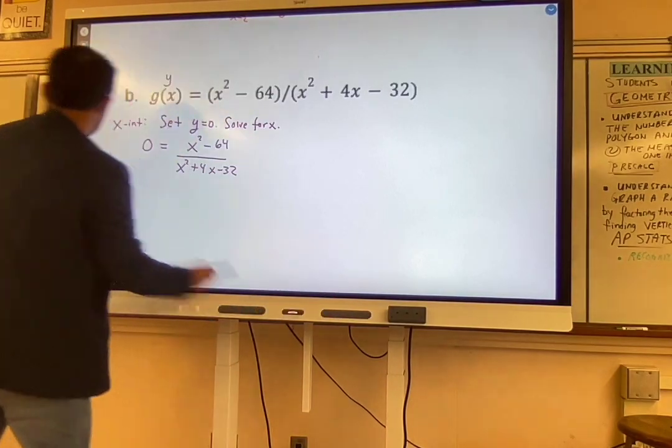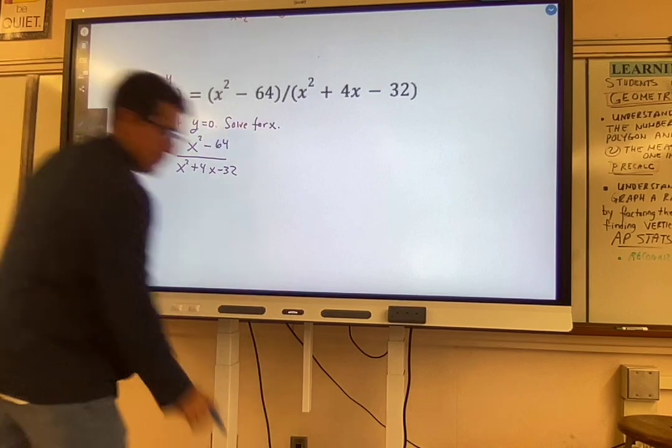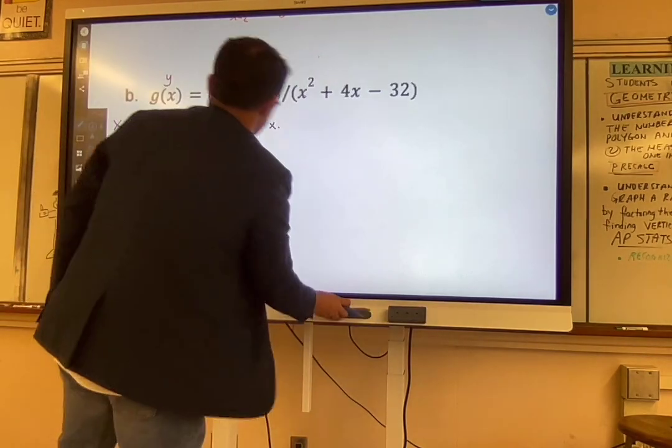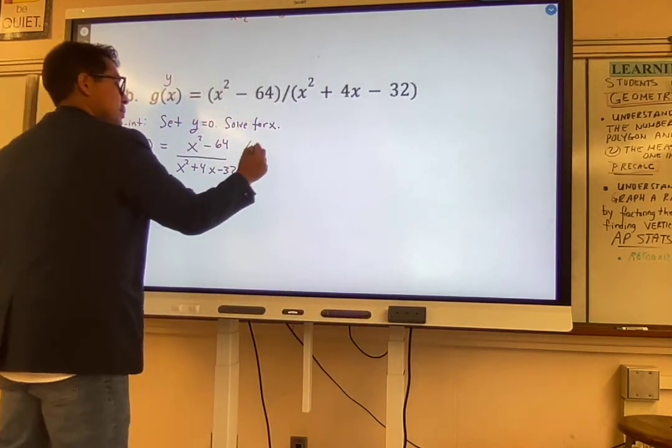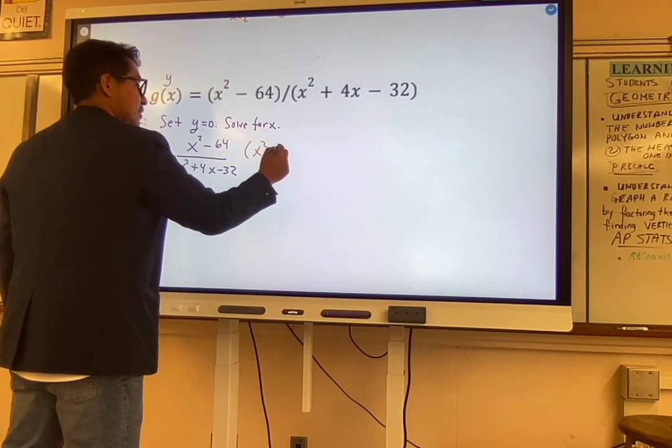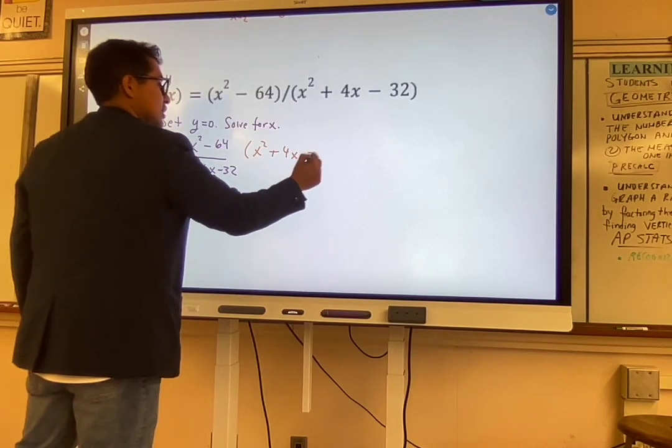So our first step, as we did that other time, was to solve for x. Let's get rid of the fraction. Let's multiply both sides by the denominator of x squared plus 4x minus 32.